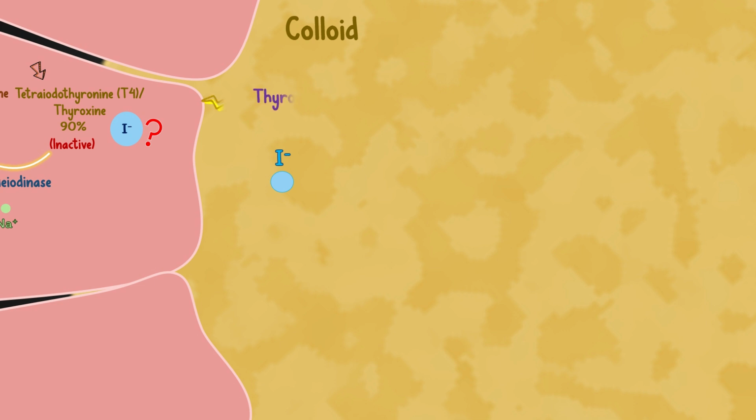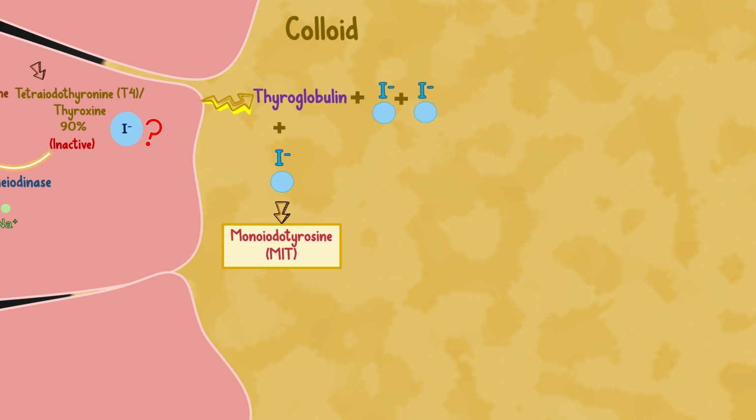A glycoprotein called thyroglobulin is released into the colloid by the follicle cells. Iodide binds with this thyroglobulin to form monoiodotyrosine, or MIT for short. If two iodides bind with thyroglobulin, then diiodotyrosine, or DIT for short, is formed.